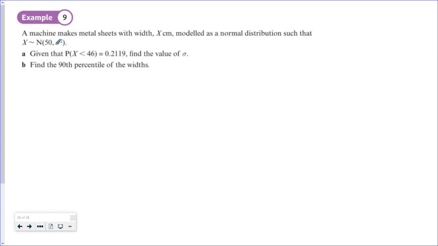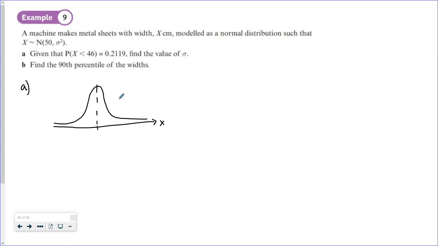Example 9 is very similar to example 8, but this time the unknown parameter is sigma, the standard deviation. So let's have a look at what information we get given. Let's sketch out this x distribution, and we'll shade in a region the probability that we know.